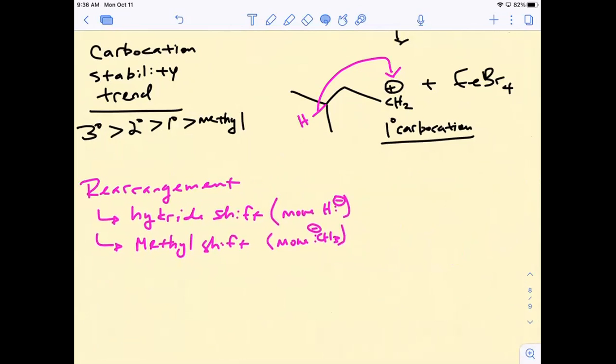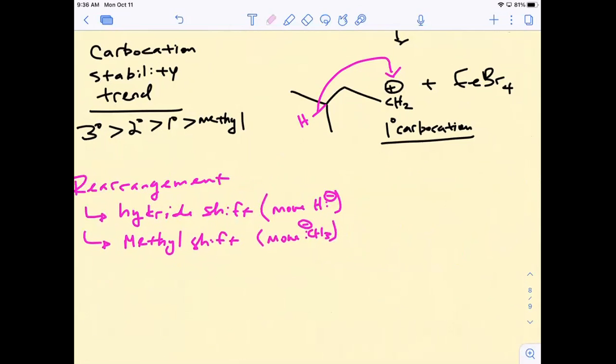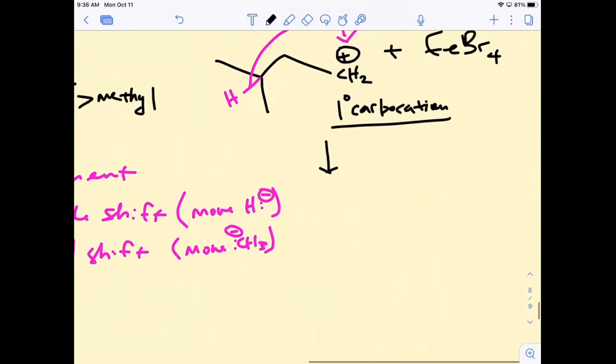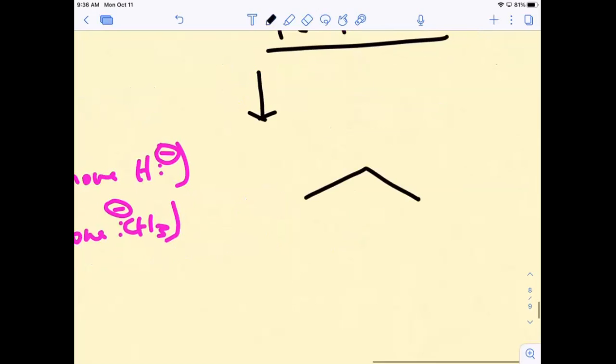If we do the hydride shift, that's going to put the carbocation on that tertiary site here.